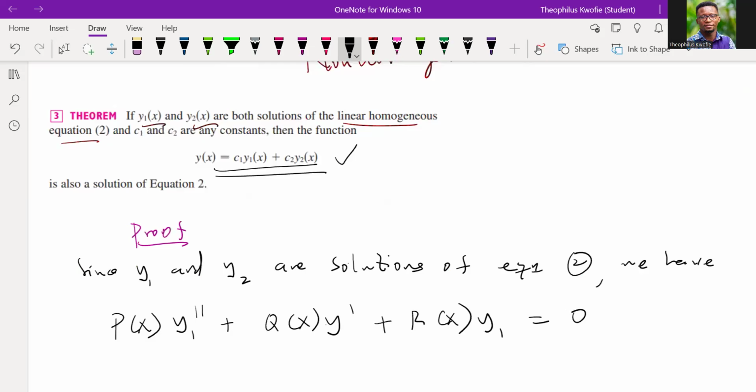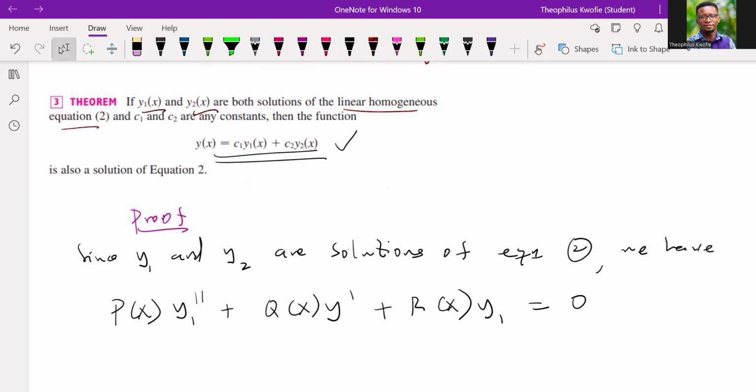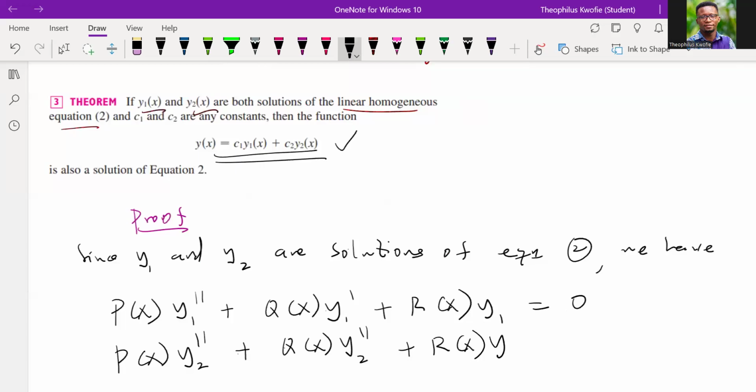And remember we also have another solution which is y2. So in other words, we're going to have p of x multiplying y2 prime prime plus q of x y2 prime plus r of x multiplying y2, and it should be 0, right?